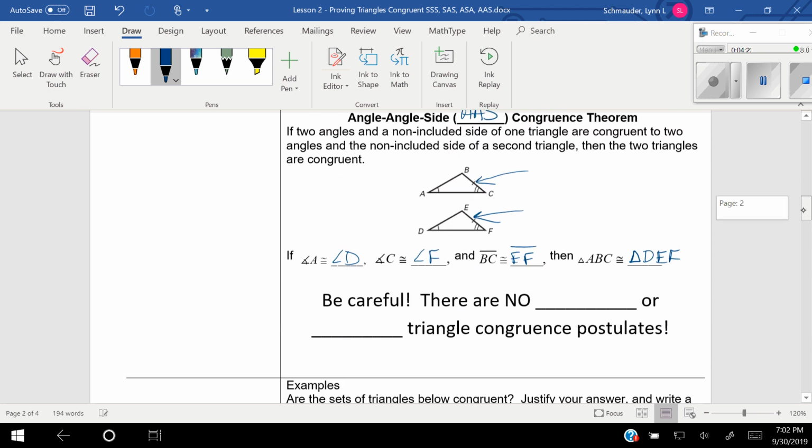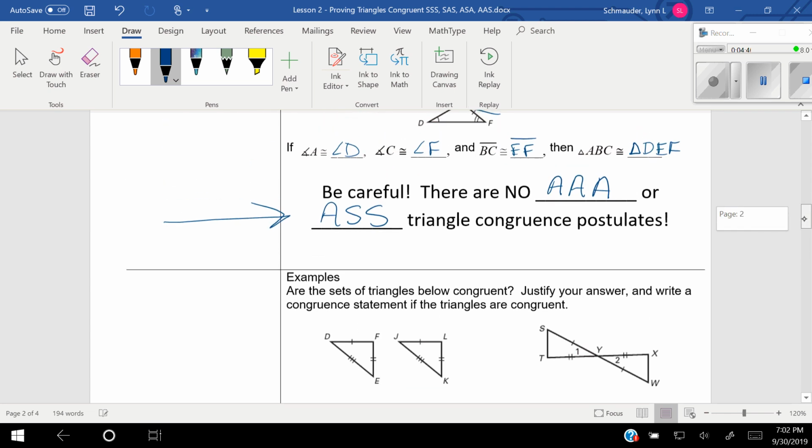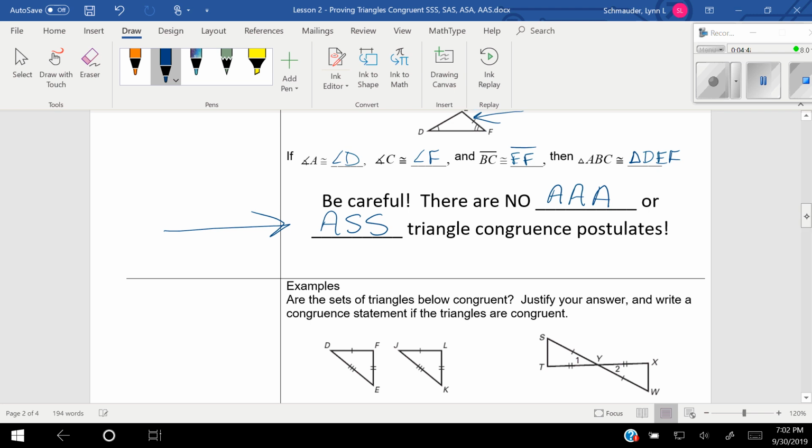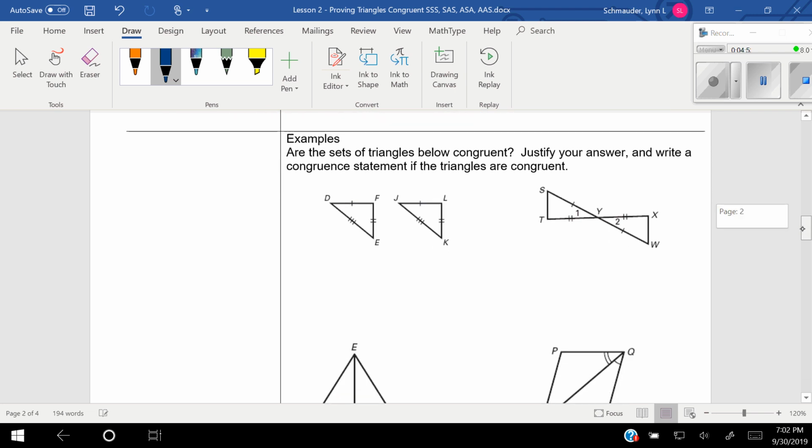Okay, what you want to be aware of: there are no angle-angle-angle or angle-side-side triangle postulates. I'm just going to leave that right there with you. You cannot use angle-angle-angle or angle-side-side because they do not exist, and those things alone would not be enough information for you to prove that two triangles are congruent.